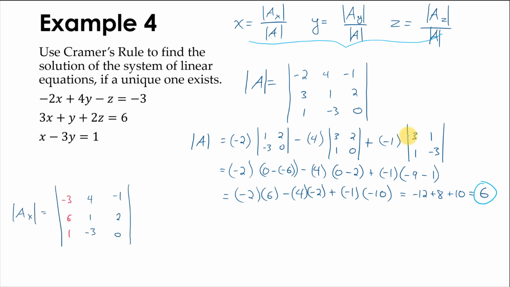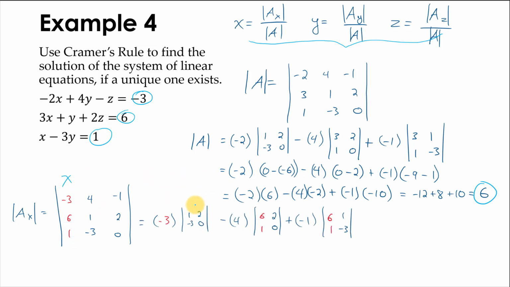So now let's go ahead and find the determinant of A with x replaced. Again, all I'm doing is replacing my x column with my constants, -3, 6, and 1. Now when I take the determinant of this, every time you see a red element in here, that is one of our replaced values.